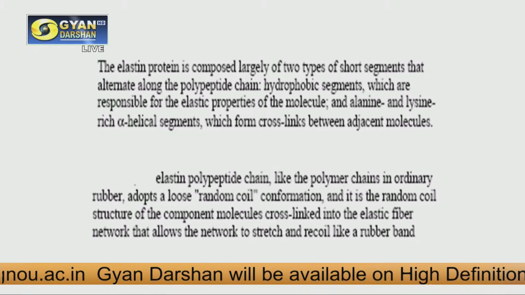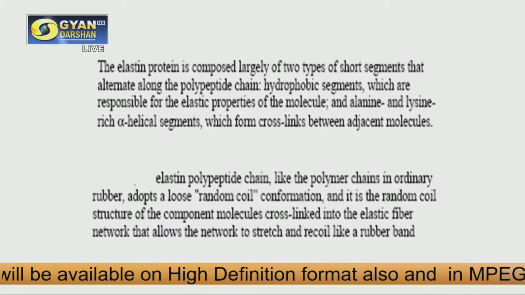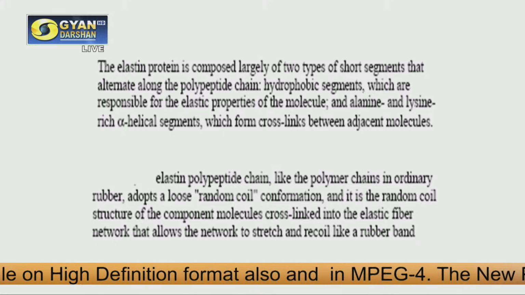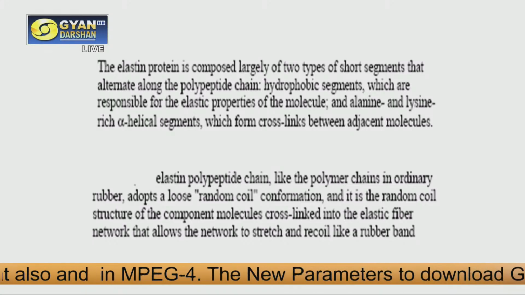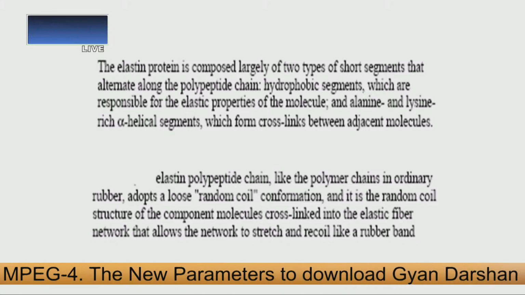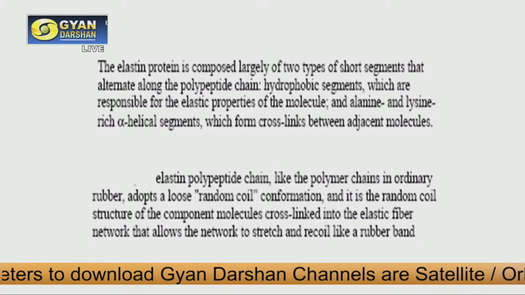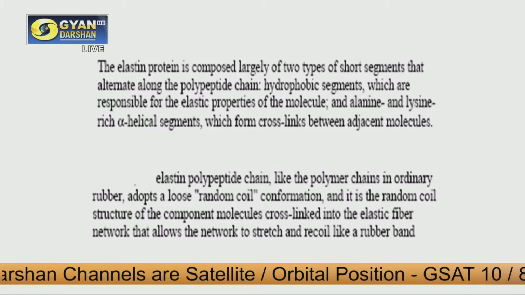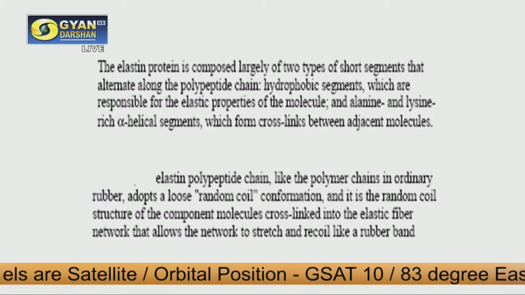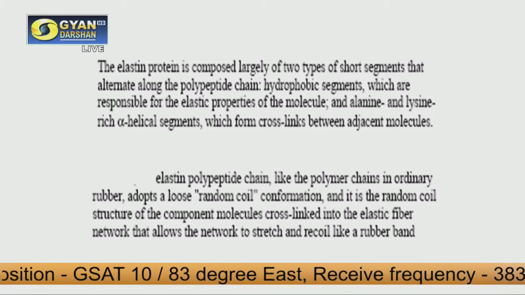Crosslinks are mostly made up of amino acids like alanine and lysine. Now, the elastin polypeptide chain, like the polymer chains in ordinary rubber, adopts a loose random coil conformation, and it is the random coil structure of the component molecules, cross-linked into the elastic fiber network, that allows the network to stretch and recoil like a rubber band.